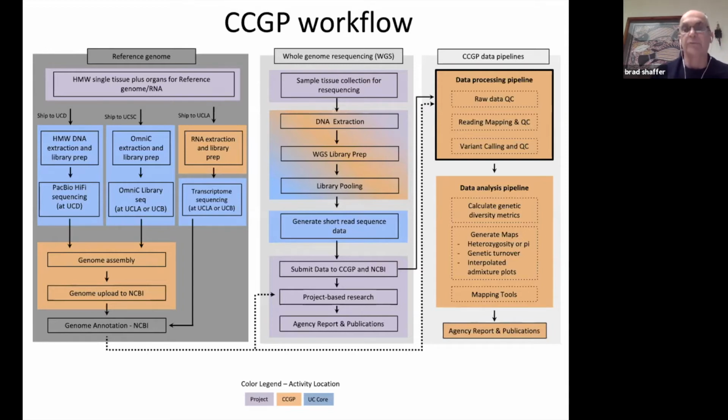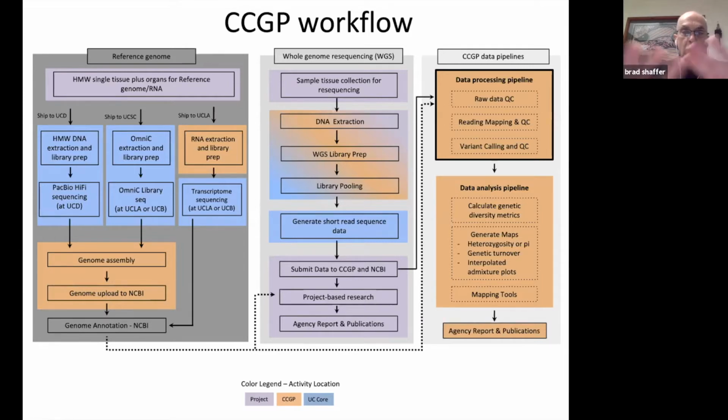And then those data are produced. And then the data flow both to the PIs, to do whatever they want with it, on whatever time frame they want with it, and they flow to the CCGP central part of the project. That's the purple on this diagram, to create that product for the state.